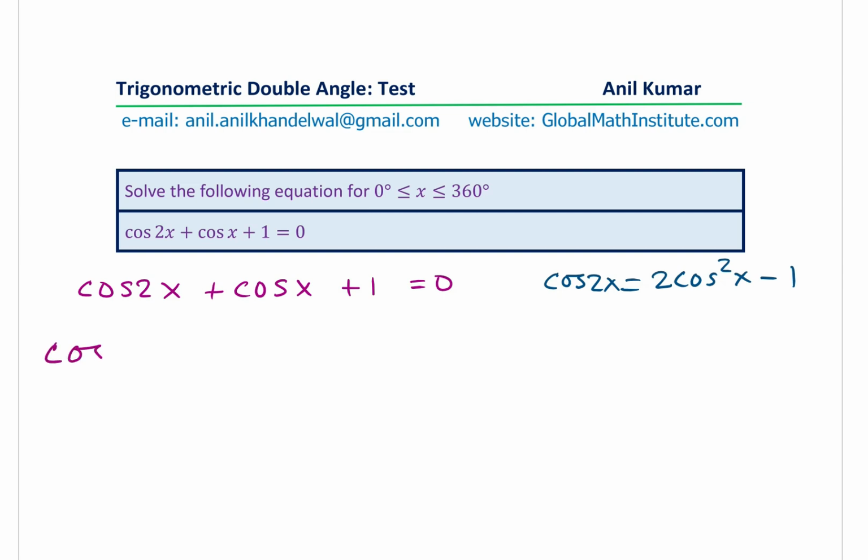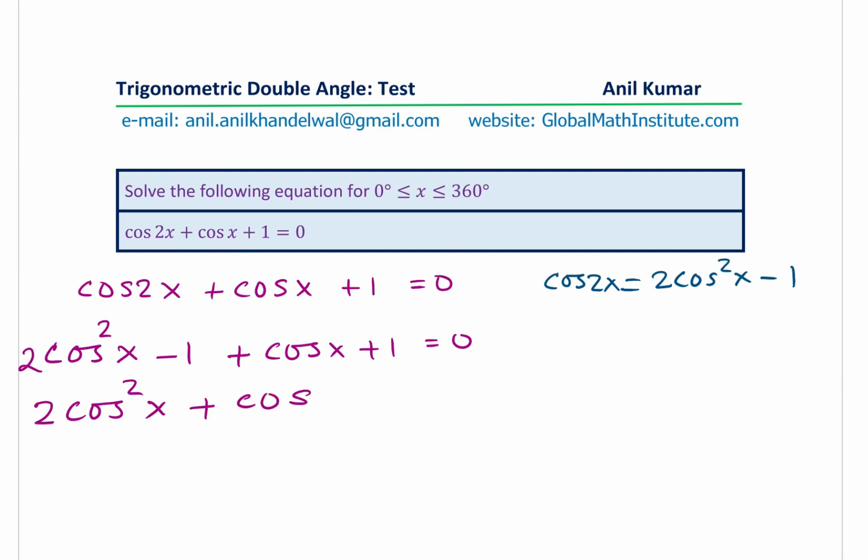Quadratic form. So we get 2 times cos square x minus 1 plus cos x plus 1 equals 0. Now minus 1 plus 1 is 0. So we get 2 cos square x plus cos x equals 0. You can take cos x as common. So that is cos x times (2 cos x plus 1) equals 0.